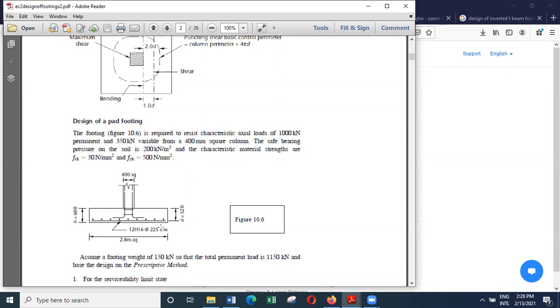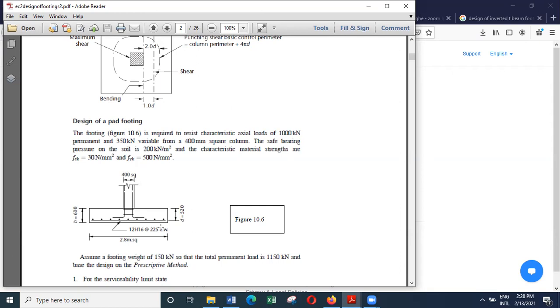Then we get 7.4 meter squared as the answer. If I take the square root of that, you can see the value is 2.7 meters.